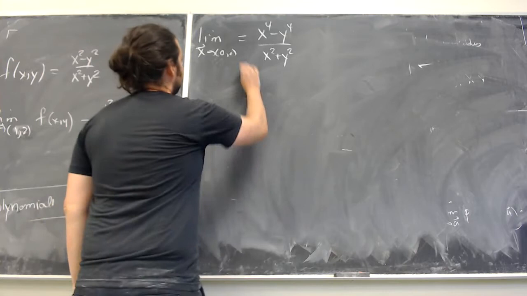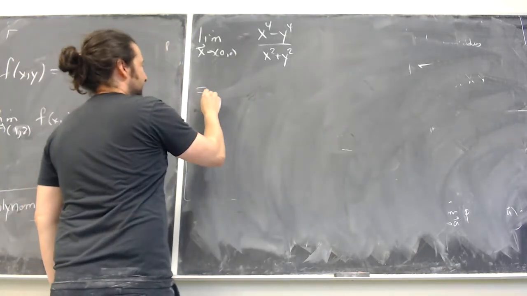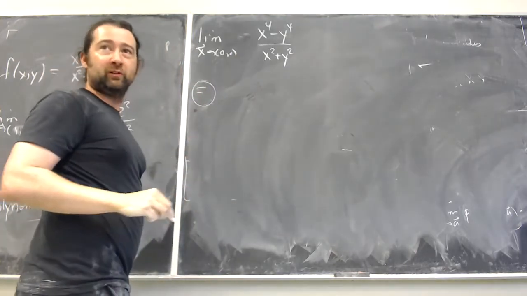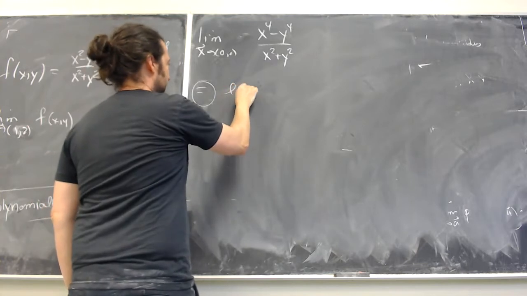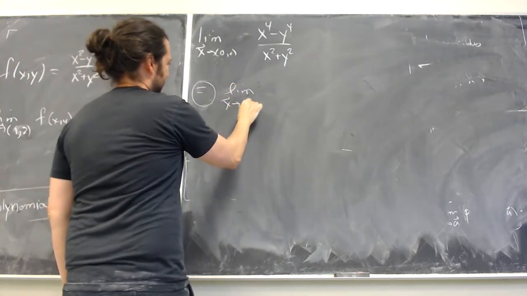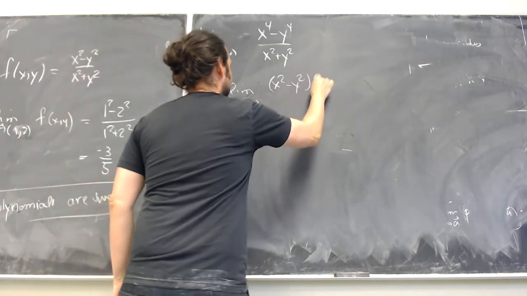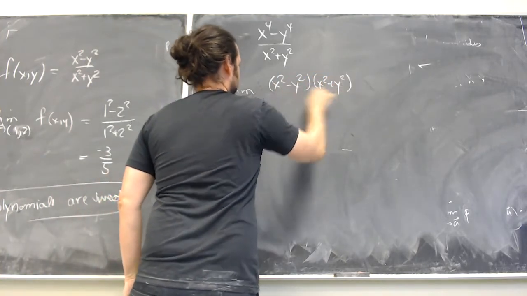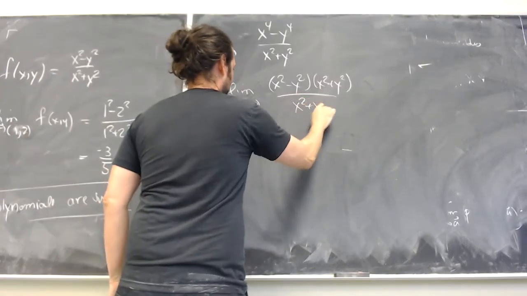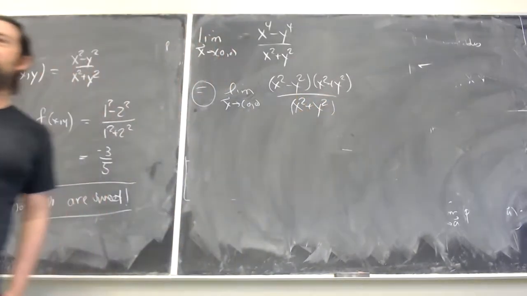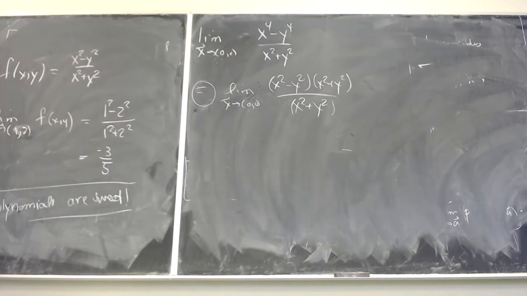Okay, so you factor this. Now, you made a dubious assertion when you do this. This is not dubious yet, but it will be. You haven't done anything dubious yet.